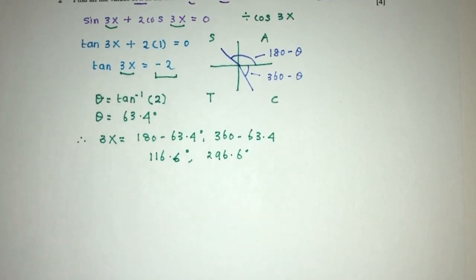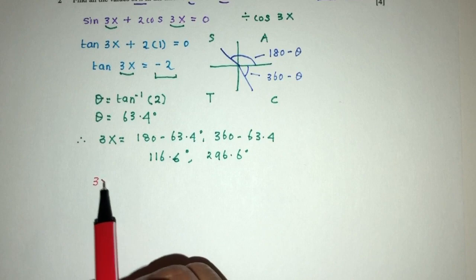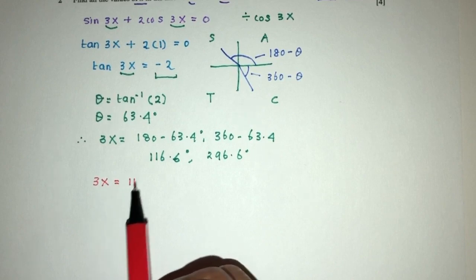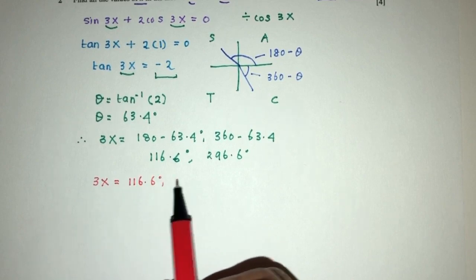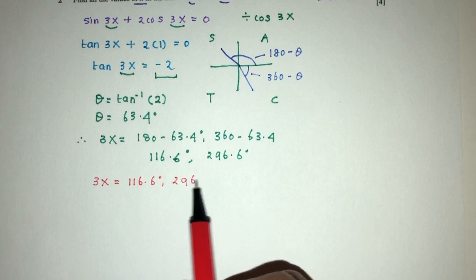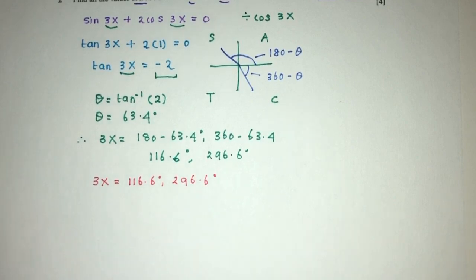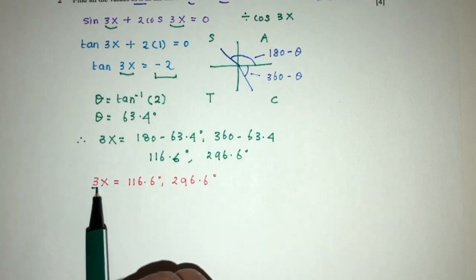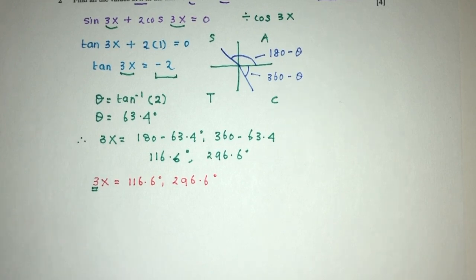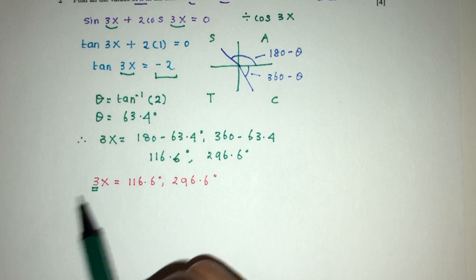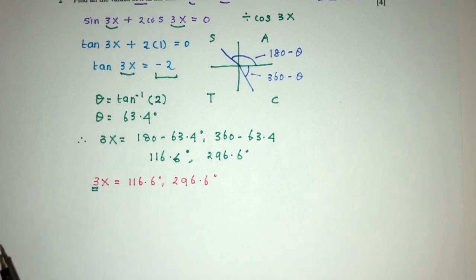Right now we have 3x is equal to 116.6 and 296.6. Now, because here we have 3x, we can try and see what other angles we have. The number in front of x usually means the revolutions, so let's check if we have any other possible values.